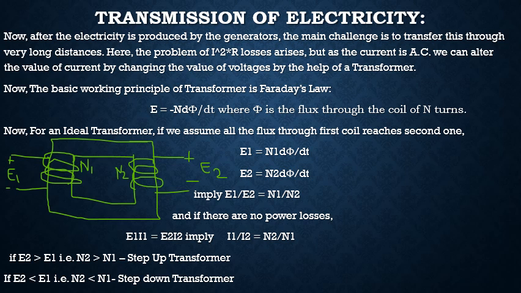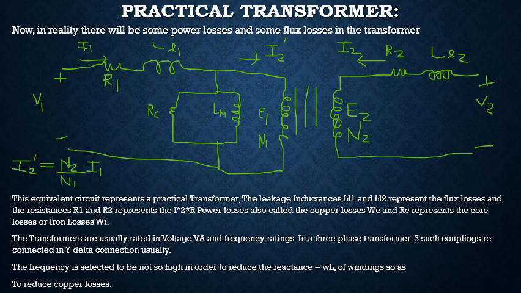Now in reality, for a practical transformer, there will be some power losses and some flux losses which cannot be neglected. The equivalent circuit of a practical transformer is as shown. The leakage inductances LL1 and LL2 represent the flux losses in the transformer, and the resistances R1 and R2 represent the I square R losses, also called the copper losses.